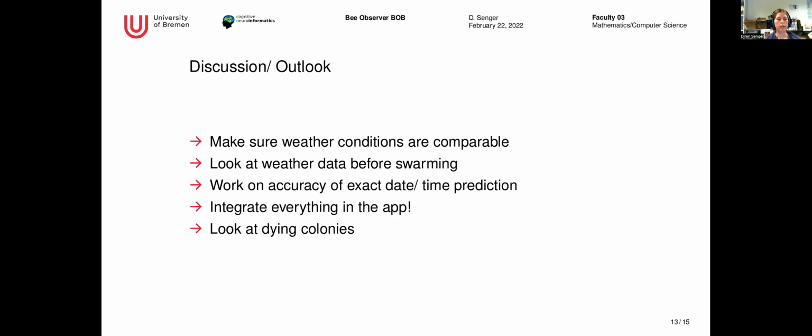So we might even have a research project in BEEP for that. Then we want to improve the accuracy and also the exact date and time prediction, so that we are not only able to say, okay, there's a swarm maybe tomorrow, maybe in 1 week, but that we are exact on that as well.